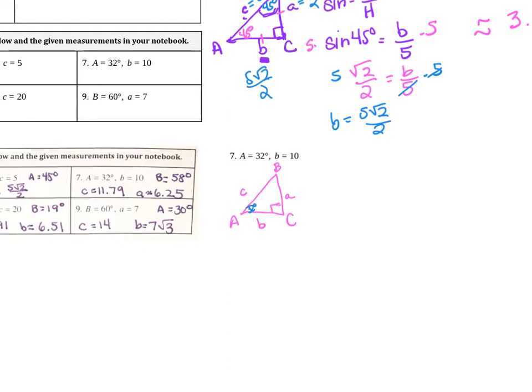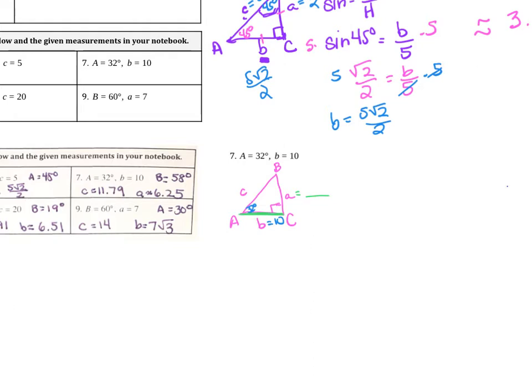And then what else do we know? We know that B is 10, so this is 10. So given that, we have adjacent, and then we're trying to solve for A and C. So let's first write a ratio for A. If we're looking at A here, we have 32, so we have opposite over adjacent.